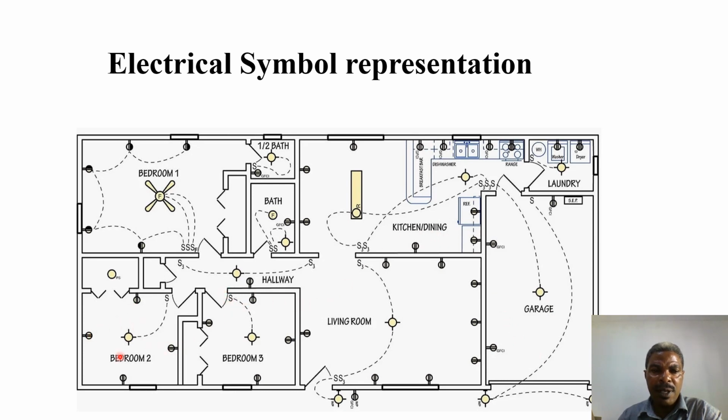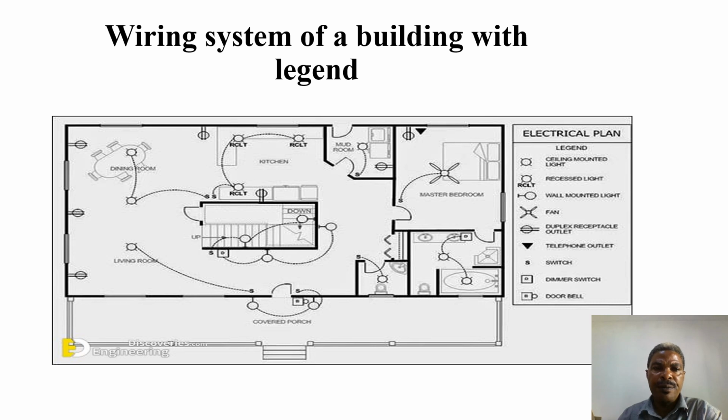This is how they are located. You can have the full representation of symbols for a domestic house. Here, there is an addition of electrical plan legend, which gives the definition for each. As you can see here, wherever you see S, it means switch. Whenever you see such kind of a symbol, doorbell.